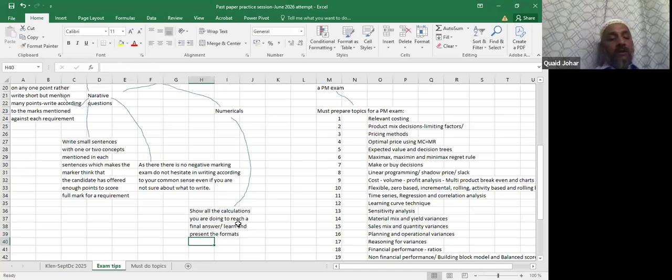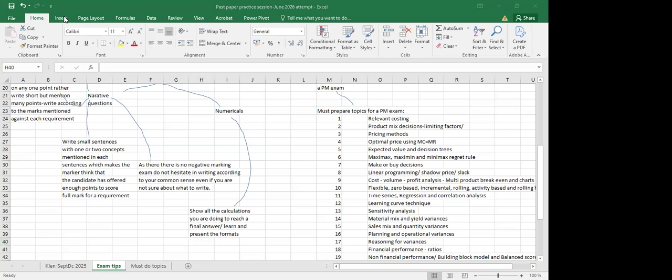Then, number 2, suppose that you are not much familiar with the calculation, but you know the steps. You know the steps well, what should be the first step, what should be the second step, what should be the third step, but you're not able to use the numbers properly.